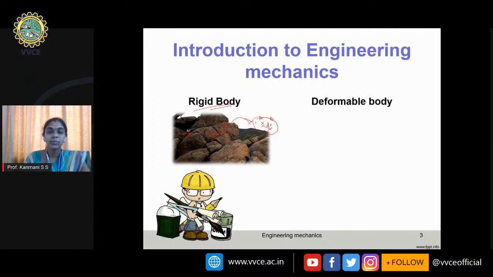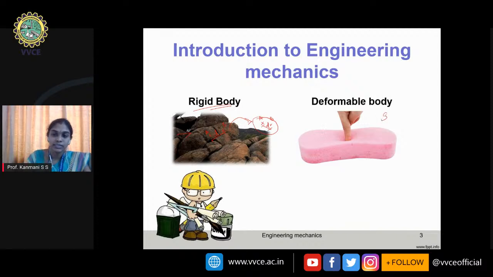So what is the other body we have? Deformable bodies. Deformable bodies we usually study in strength of materials, famously called SOM. Every one of us knows what a deformable body is. When we apply even a small amount of force, it takes deformation. Such bodies are called deformable bodies. In turn, I can say the body after the proportionality limit acts as a deformable body.